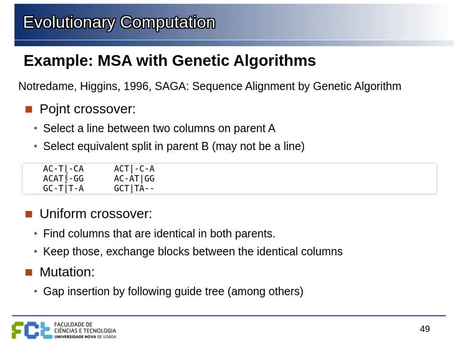We choose a line here breaking parent A into two halves, a vertical line splitting between these columns. And then for parent B, we split at the same position. For example, between this T and this C, it would be the split there. Between this T and this G, we would have to put the split there, and so on.